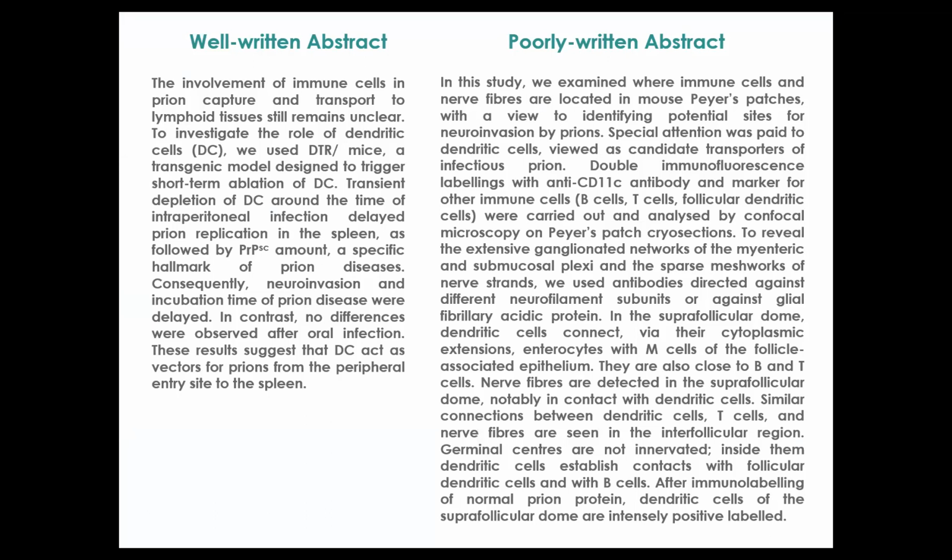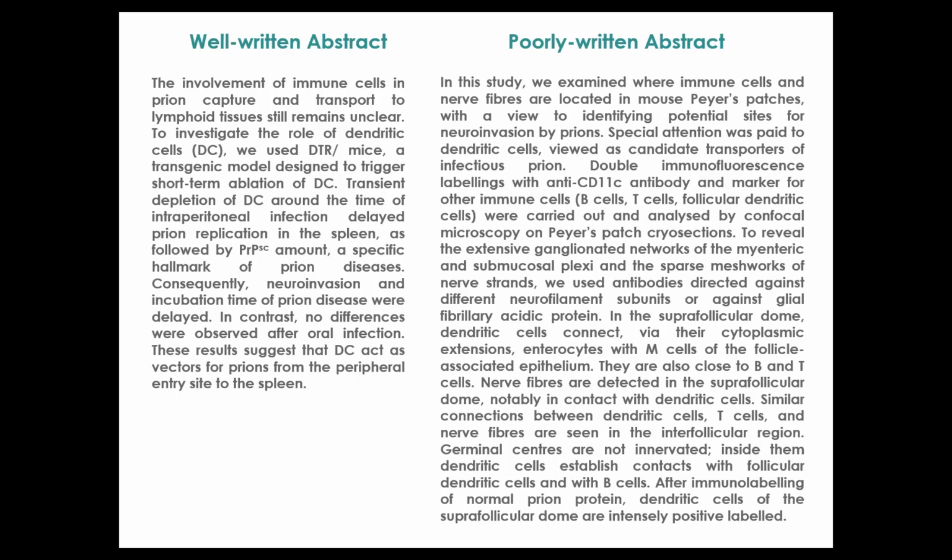Special attention was paid to dendritic cells viewed as candidate transporters of infectious prion." Right away, one problem with this abstract is it's not really telling you why this is an important study in the field. In fact, they never get to that in this abstract. And when we go through the well-written version, you'll see what the difference is.